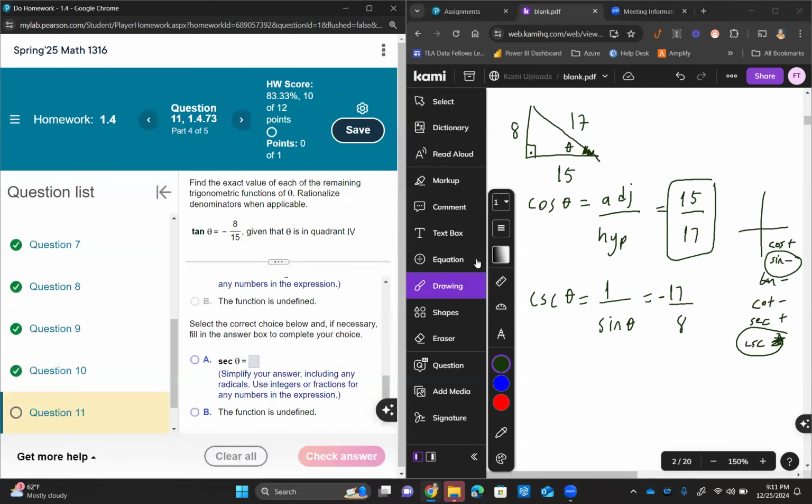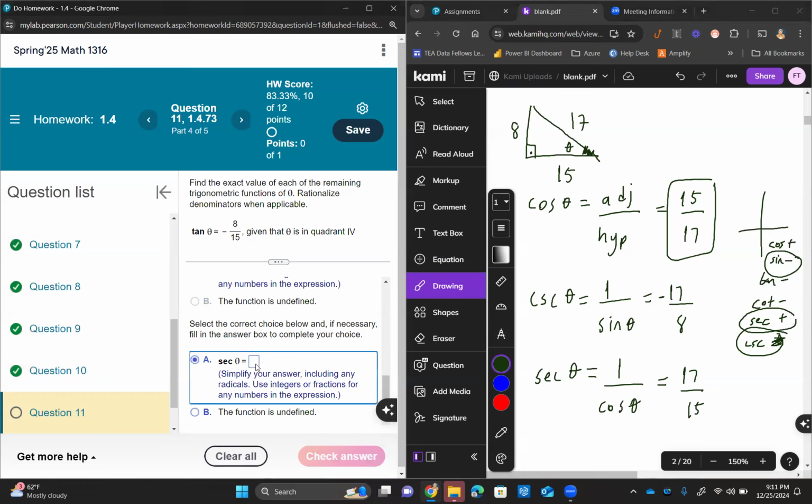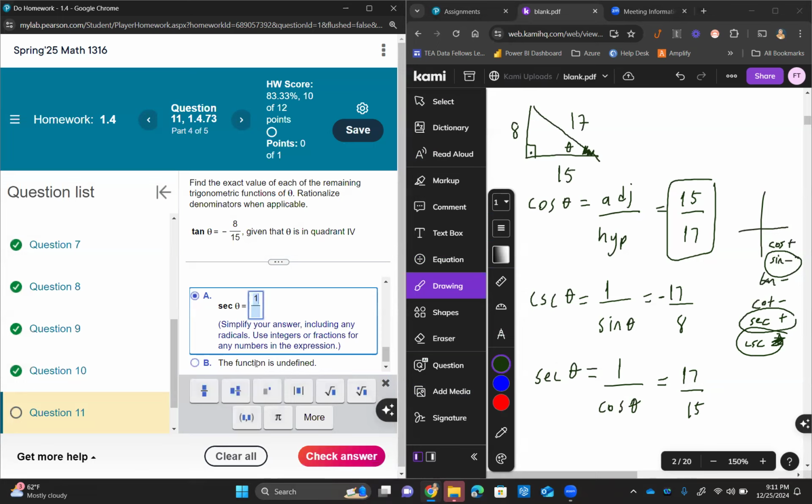Next question is secant of theta. Secant of theta is the reciprocal of cosine. So since we have the cosine, we just need to flip this over, 17 over 15, and I have to check the sign. Secant will be positive, so it's going to be 17 over 15.